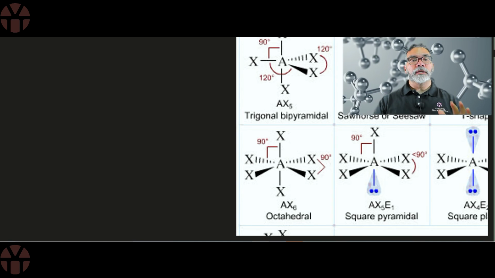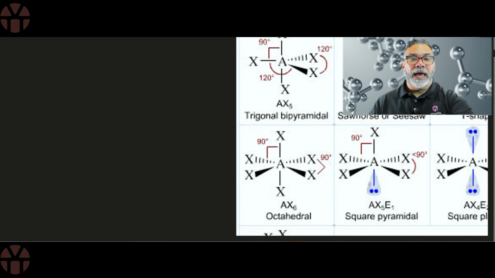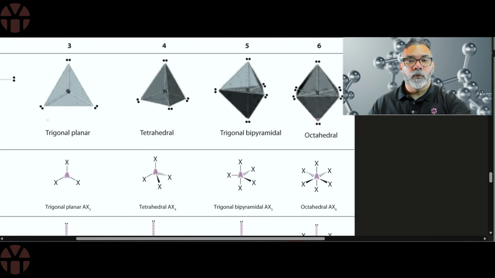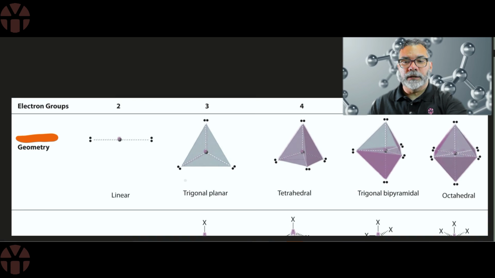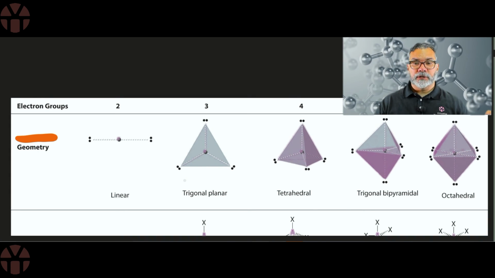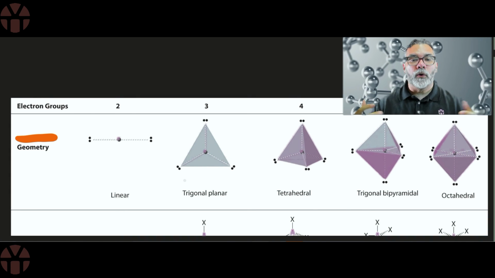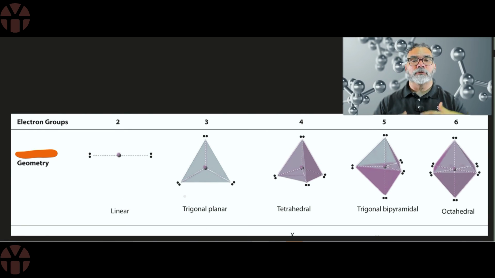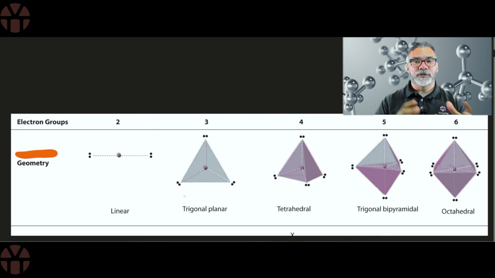Now, all of these that I just spoke about, and we had them earlier up here, were our electron geometries, how the electrons oriented themselves to maximize the distance between them.